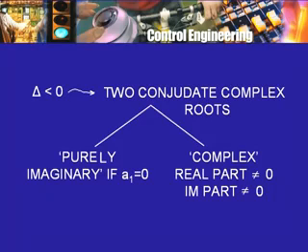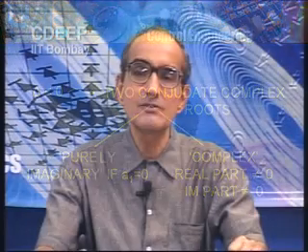And there may be this fourth case that I mentioned, that is, this case of complex roots may be split into two cases. One case is when the root is a purely imaginary number, and the other case is when the root is complex but not purely imaginary, that is, it has a real part which is not equal to 0, but it also has an imaginary part which is not equal to 0. So in this way there can be four cases of the solution of the quadratic.